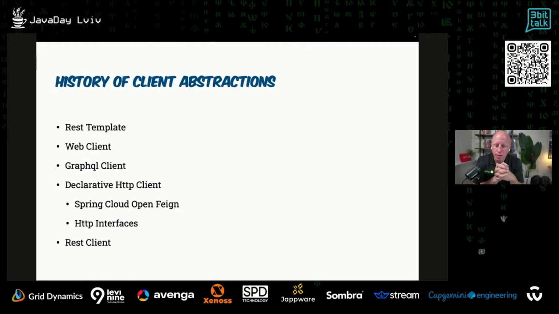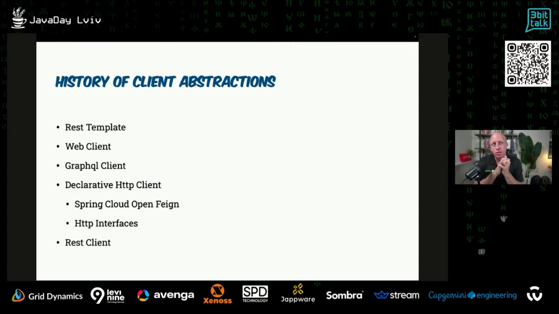It started out with a nice, well-designed API, but over time, as requests and issues came in and we needed more features, the REST template API ballooned out, right? And from there, when we started working on WebFlux, we put together a web client. It was taking what we learned from the REST template and building out something new.